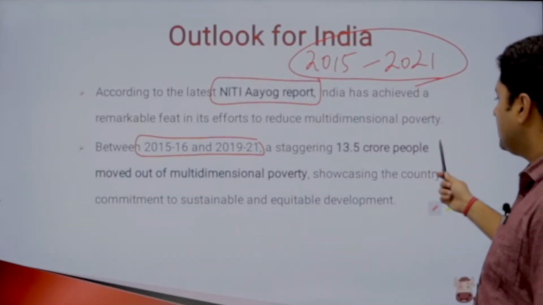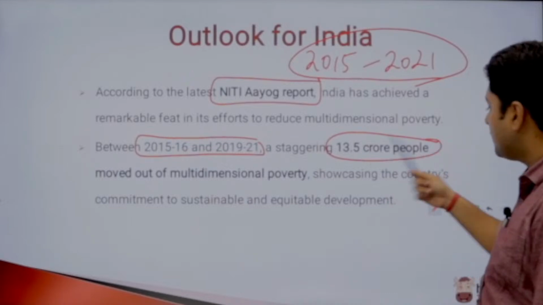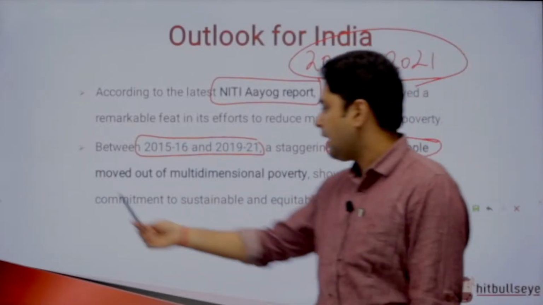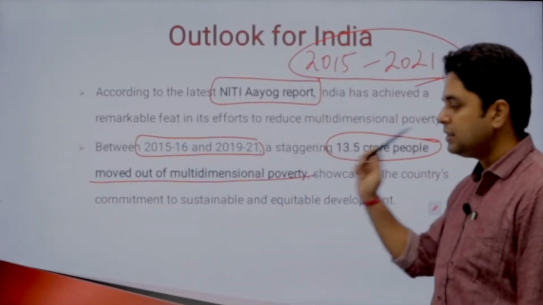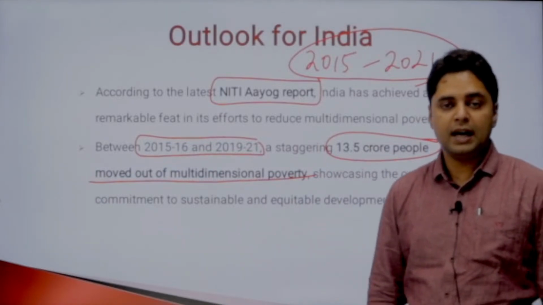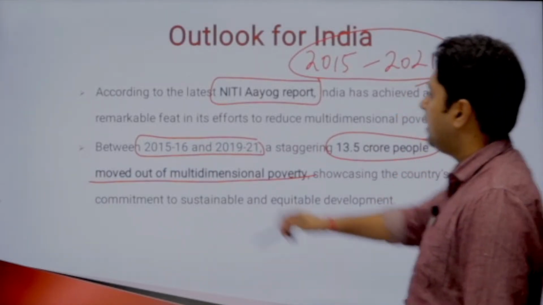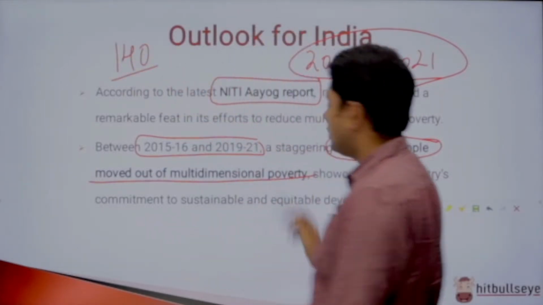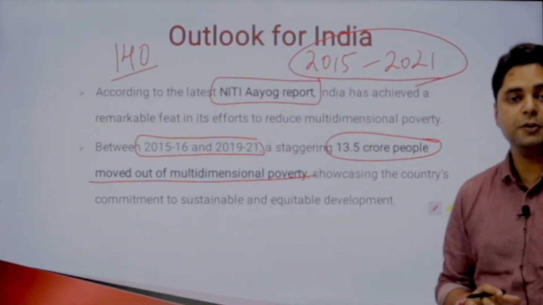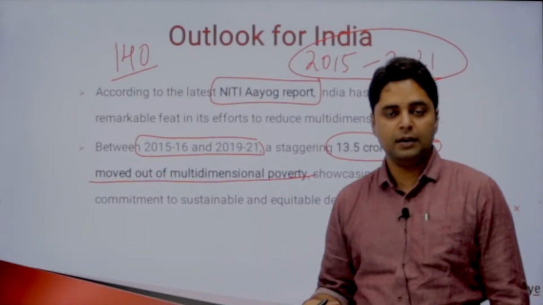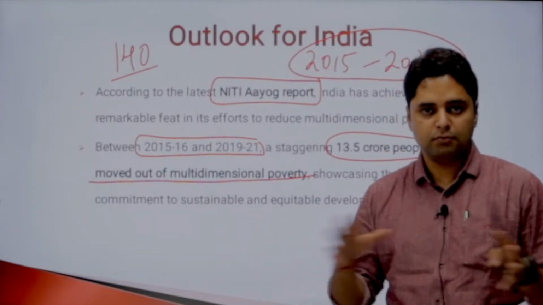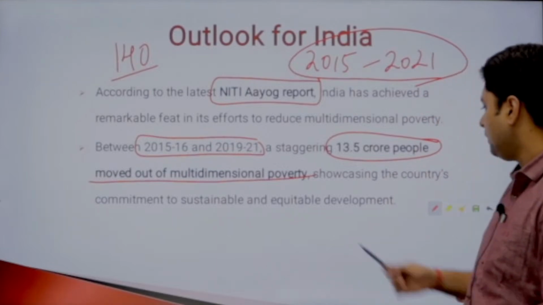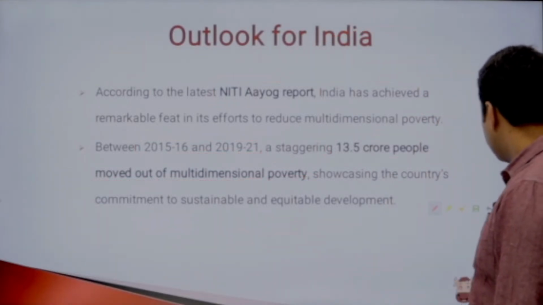So according to this, 13.5 crore people in India have moved out of multidimensional poverty, and that is an amazing feat. Out of 140 crore people that we are, approximately 14 crore people are out of poverty, which earlier were below the poverty line. That means a 10% reduction straight away. Right, so that is why this was in news.